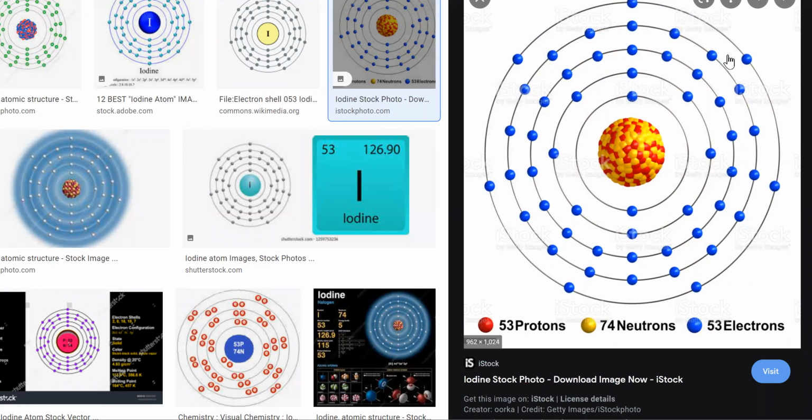Why? Because it already has too many electrons. It has 53 electrons, so the nucleus is completely covered by electrons already. So bigger atoms are not that interested in other atoms' electrons because they're already very shielded.